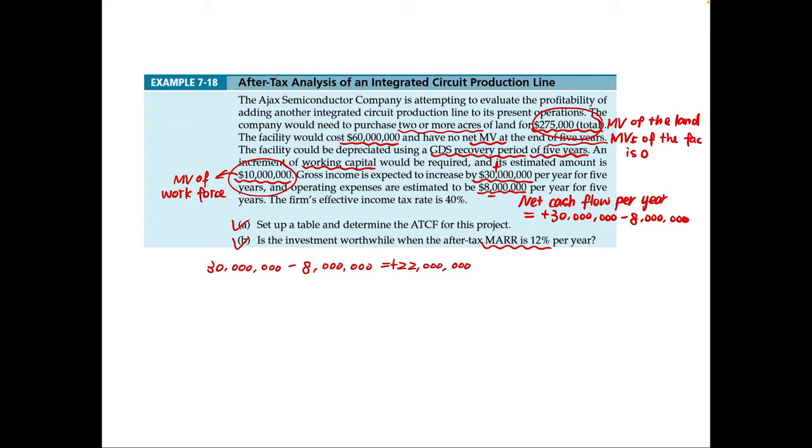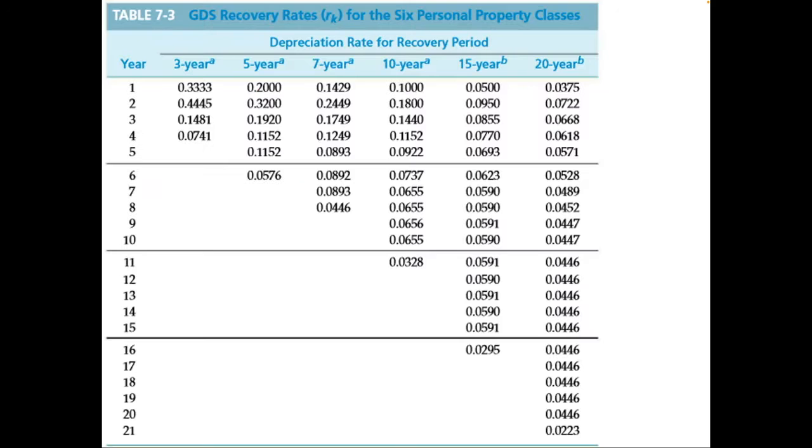That's your net cash flow. And the firm's effective income tax rate is 40%. So that is the T. First, you need to set up the table and determine the after-tax cash flow of this project. And then you use the present worth method to calculate if it's a good idea or not.